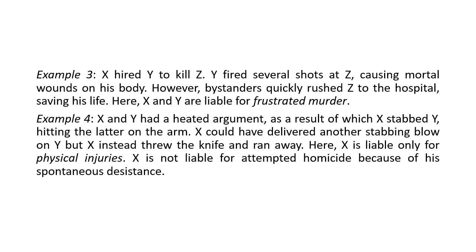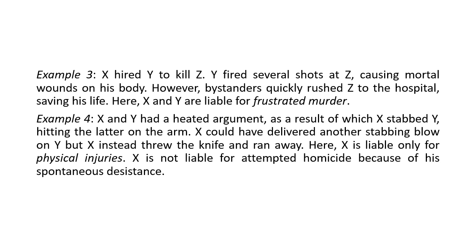Since X here in this example spontaneously desisted, meaning to say X was not able to perform all the acts of execution, not because of some cause or accident, but because of his own spontaneous desistance.